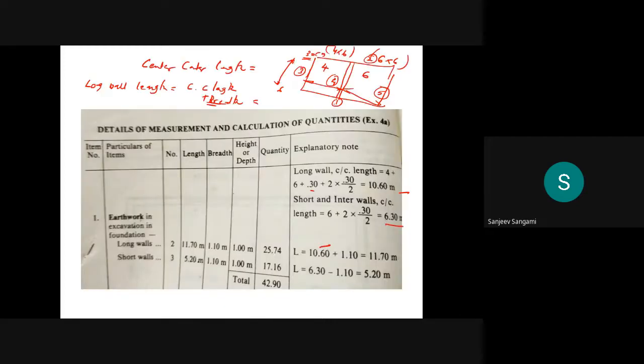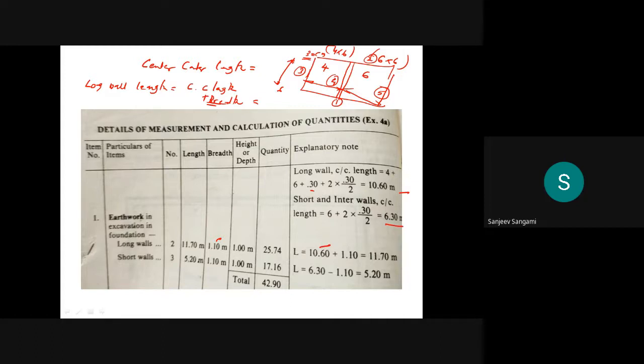So the height is equal to 100 centimeters. Then the breadth, this is only for the foundation, will be 1.1 meter, or 110 centimeters. The same we have taken here, very simple. So here I have taken the length of the long wall, that is 10.6 plus 1.1, that you have to add.